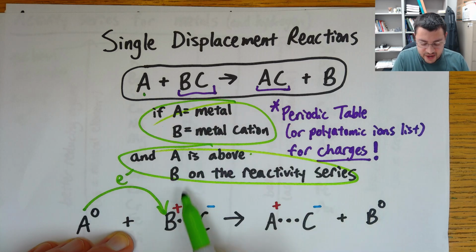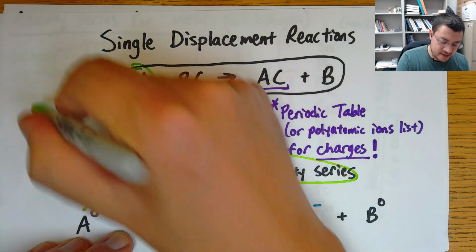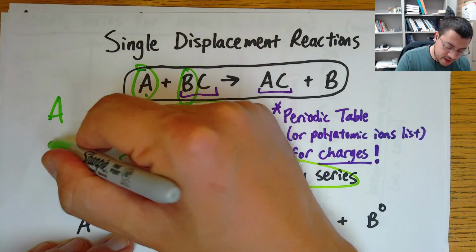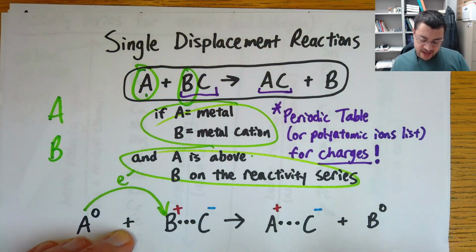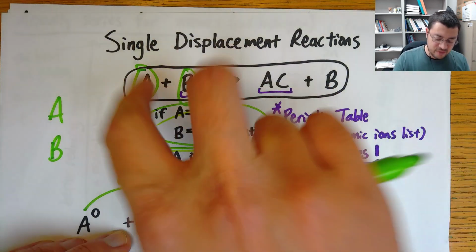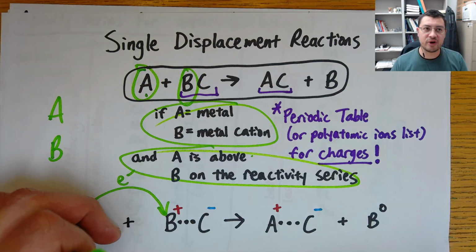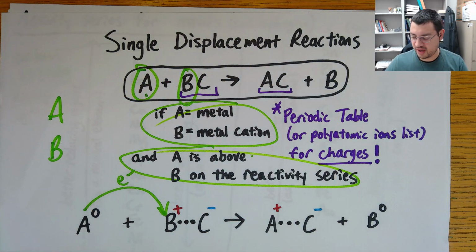That way it's very easy for me to make this comparison and make sure A is above whatever B is. In fact, if I were given a problem that listed the ionic compound first, I would rewrite and rearrange it so that my brain can think in this order I'm very used to working in.